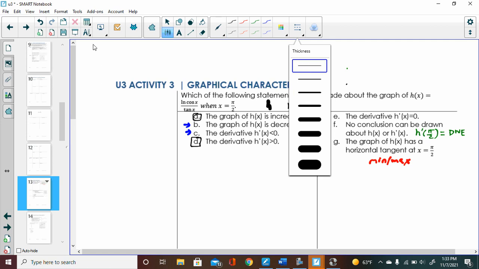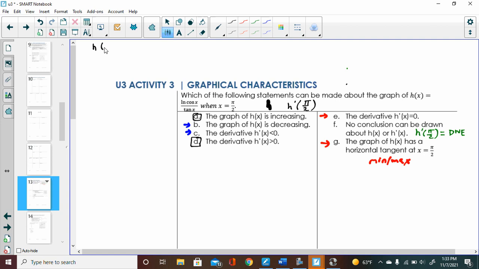So let's look at this function and break it into parts. I have the natural log of cosine of x over the tan of x. So this is f of x over g of x.